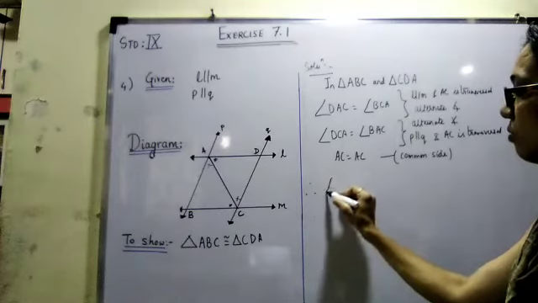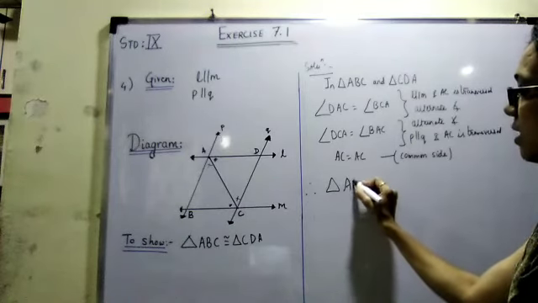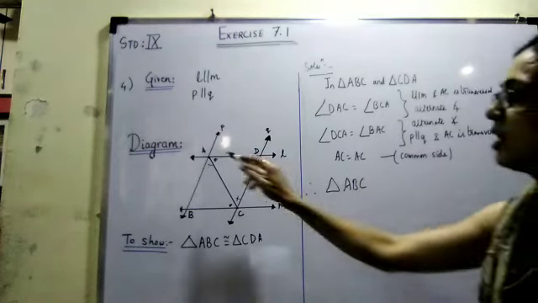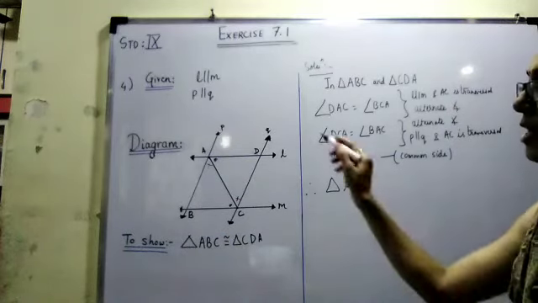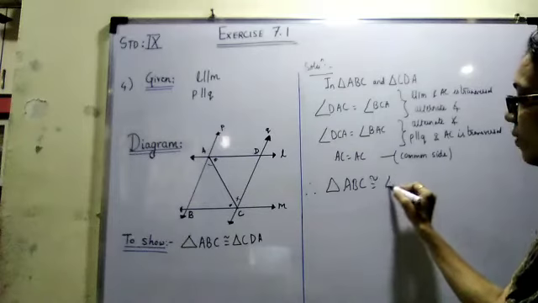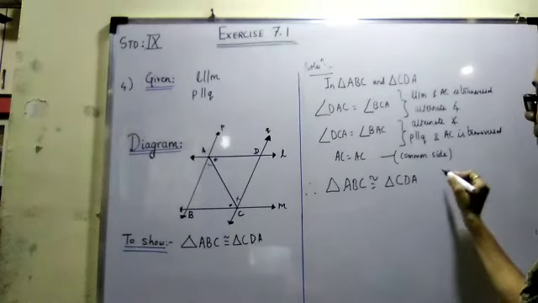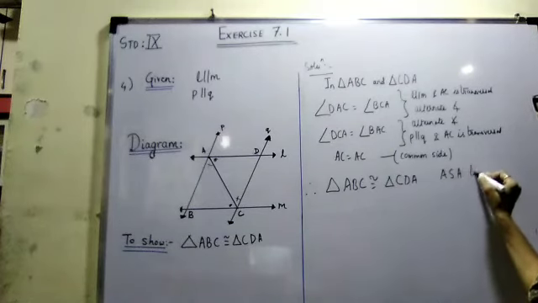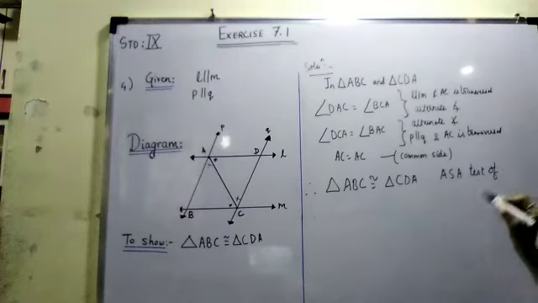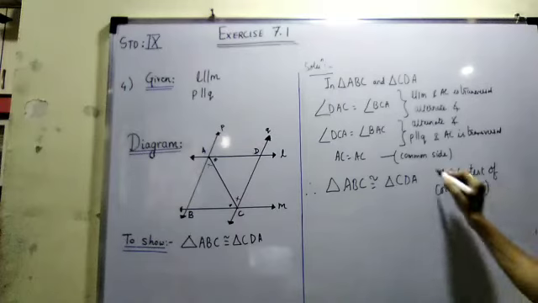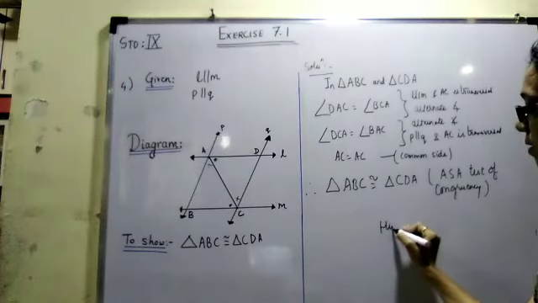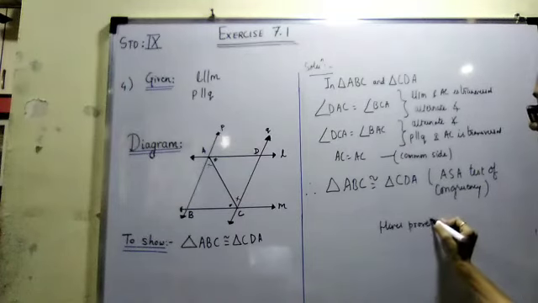Hence, we can write down triangle ABC. We have to write down the correspondence properly. ABC, so if I write ABC, I have to write down CDA. It is congruent to triangle CDA by angle side angle test of congruency. Hence, it is proved.